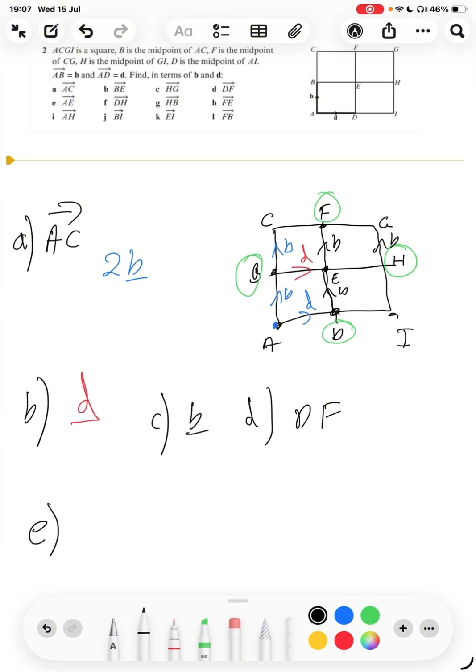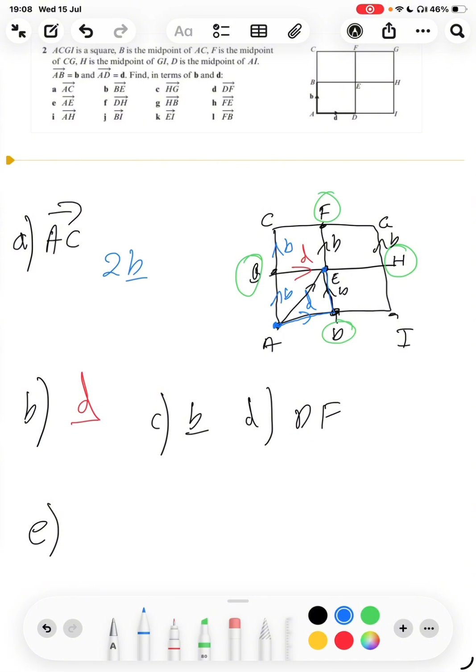Okay. E, A to E. We find A and E. Now this one is a bit different. A to E, we're our ant again, we're starting at A, we've got to go to E, and we don't know this, but instead we can find the same route, I mean kind of the same start, same end, but go a different way.